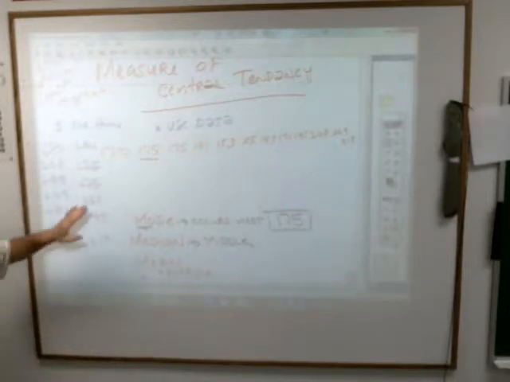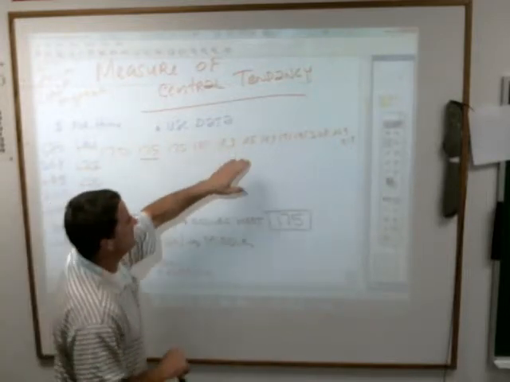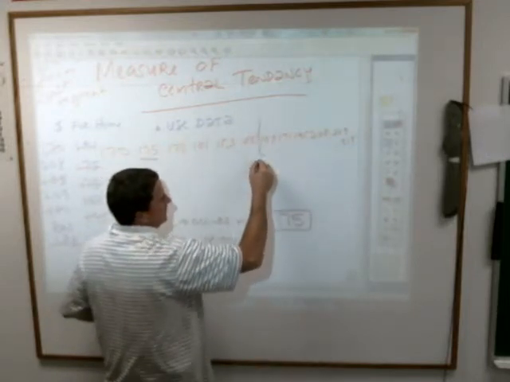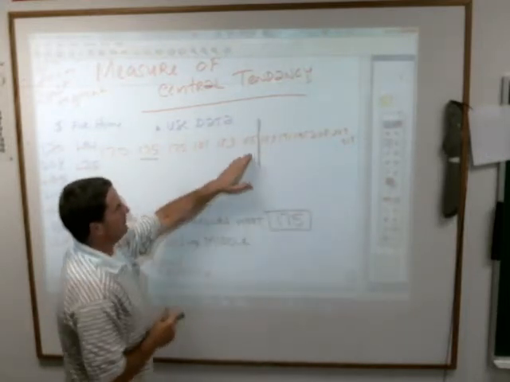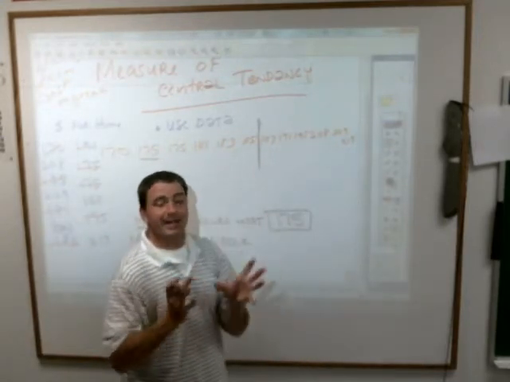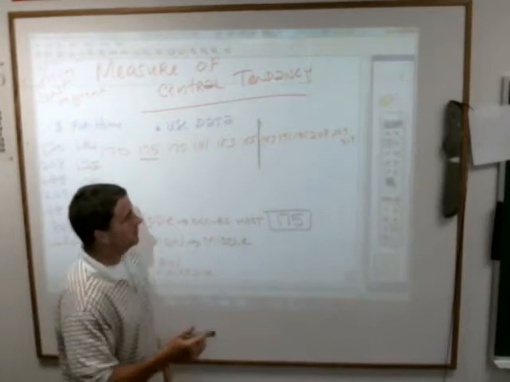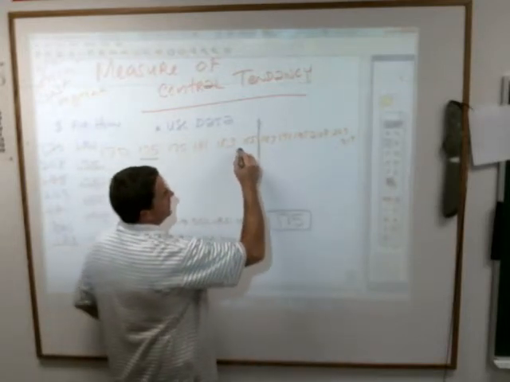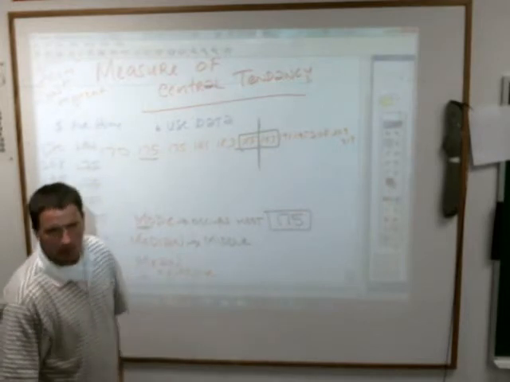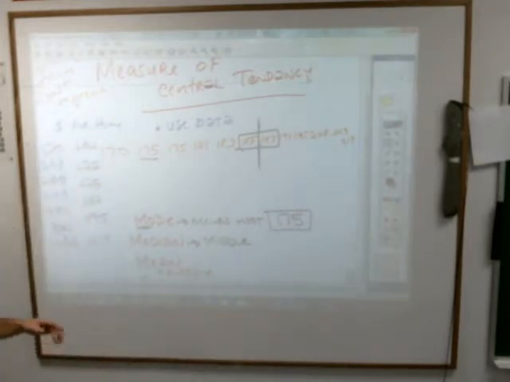Actually, 6 is not. There's no number that's exactly in the middle because the middle falls right here, with 6 on this side and 6 on that side. So there's a space in the middle, and when that happens, you have to take those two numbers in the middle and find their average, which means you add them together and divide by 2.